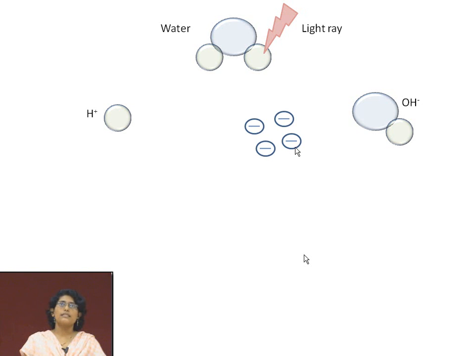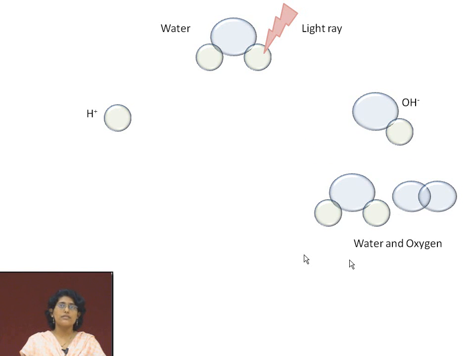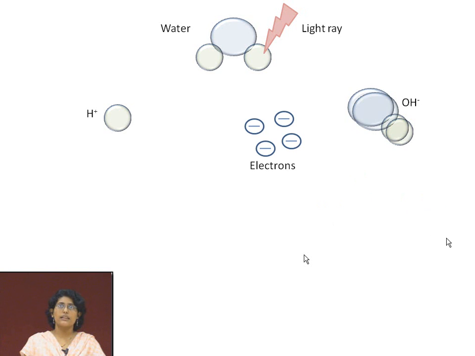During this process, electrons are produced. These electrons now react with OH minus ions and the reaction gives water molecule and oxygen molecule. What we have seen here is that during the photolysis of water, that is breakdown of water molecule, one H plus ion and one OH minus ion are produced.